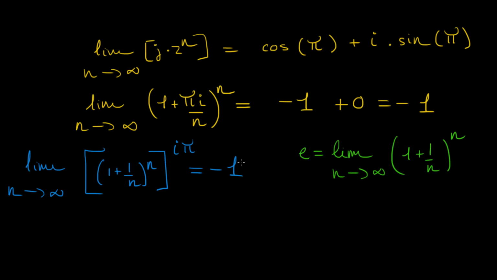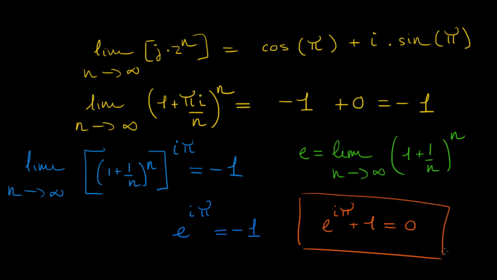So what we can say is actually that e to the i pi is equal to minus 1, or that e to the i pi plus 1 equals 0. This is Euler's identity, and now we know what it means visually. It means that we can move in a perfect circle through an infinite complex multiplication.